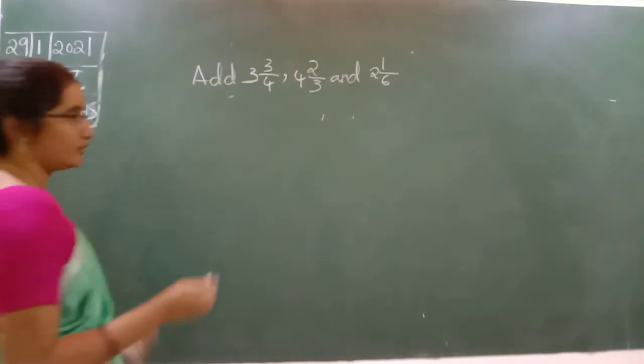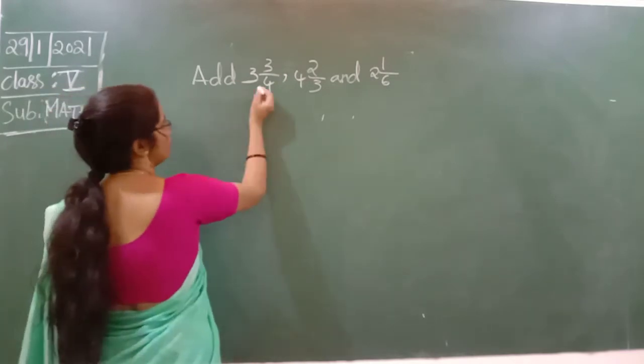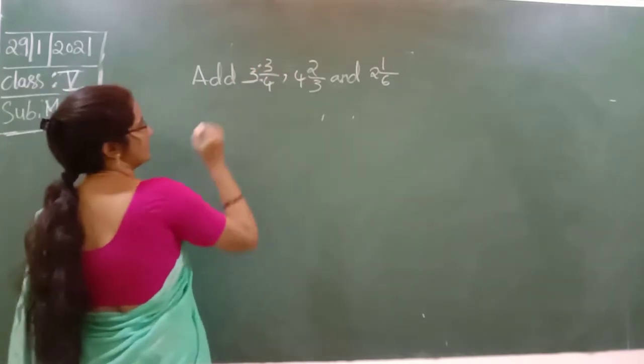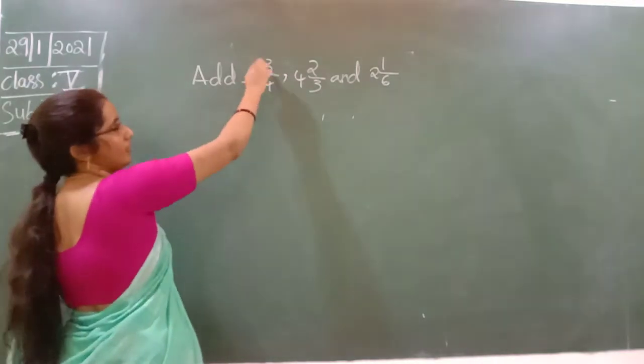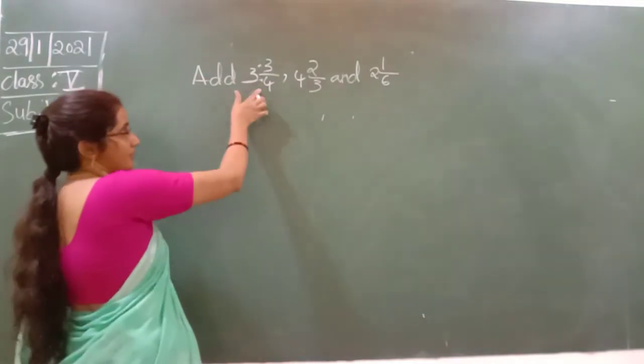Now convert these into improper fractions. How? Here we have to multiply, and then add to the product.